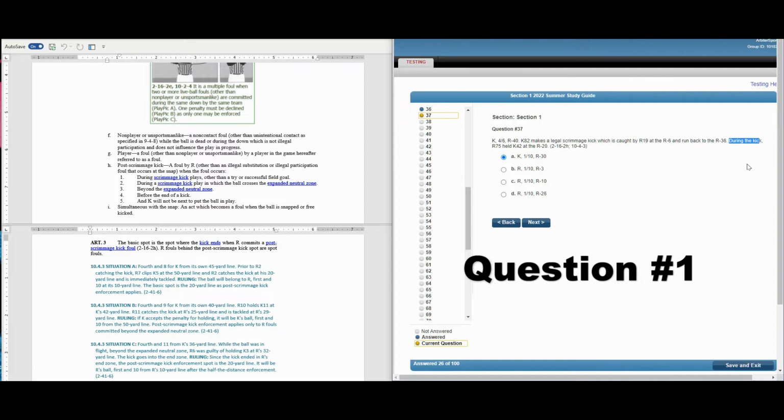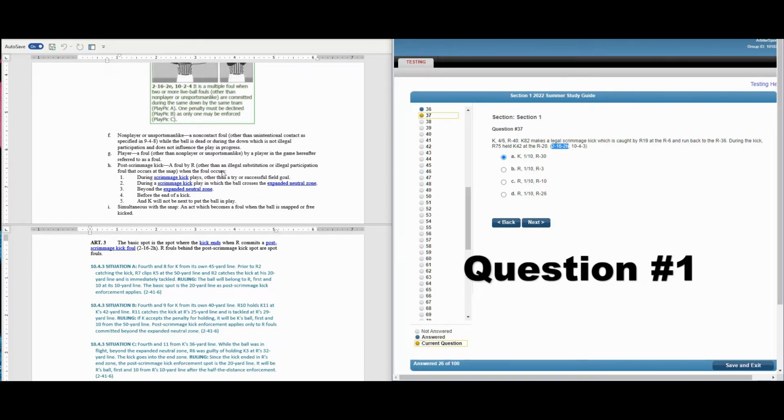Okay, so our rule 2-16-2H deals with different types of fouls, and this is the definition of a post-scrimmage kick foul. So it's a foul by R, and only by R, other than illegal substitution or illegal participation that occurs at the snap, we won't talk about that.